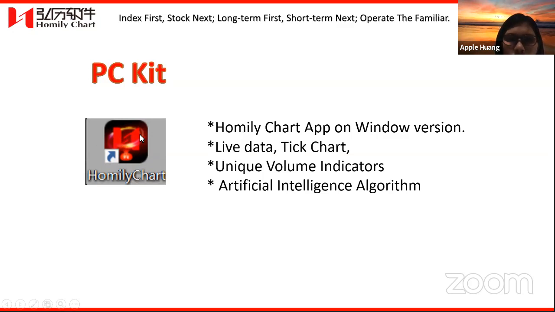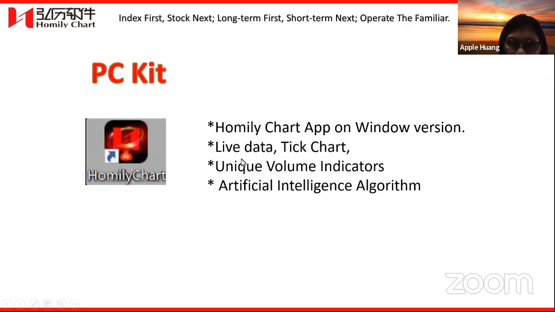A lot of features are very similar to the handphone apps. It is almost a reflection of the handphone homely chart, but the PC kit runs on the Windows system.